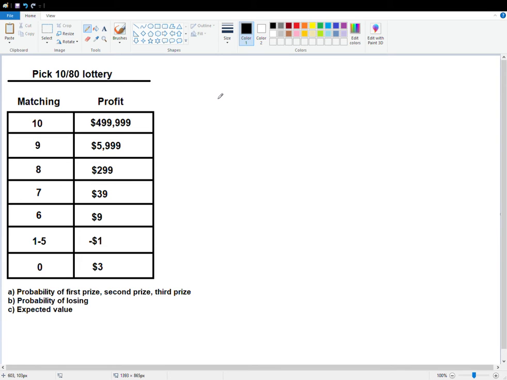As this is a combinations problem, we're going to be using n choose r, and as a refresher, the formula for n choose r is n factorial divided by r factorial times n minus r factorial. To find the probability of the first prize, we start with 10 winning numbers, and we're choosing 10 of those to match the 10 on the lottery ticket.